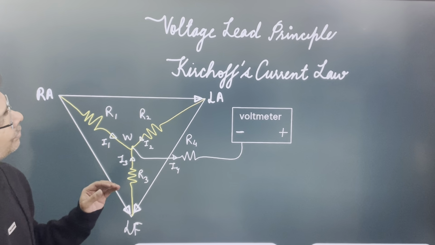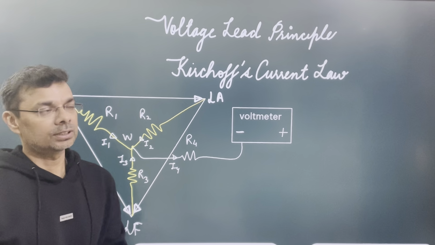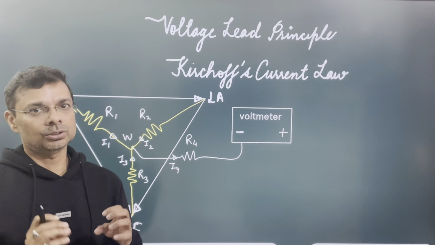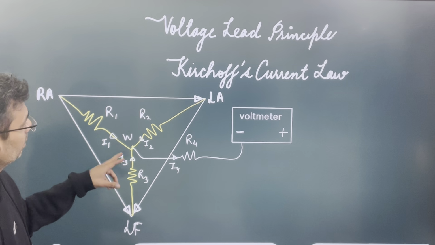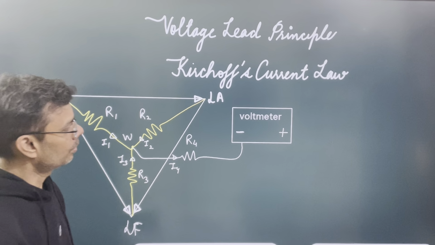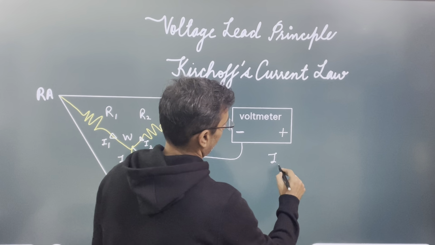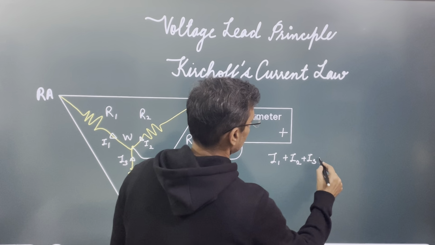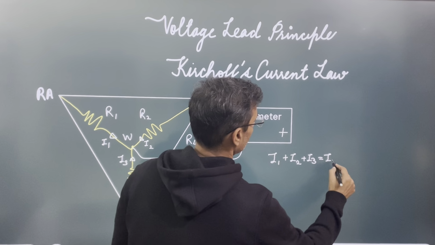On applying Kirchhoff's current law, which says that at a node the incoming current is equal to the outgoing current, here the incoming currents are I1, I2 and I3 and the outgoing current is I4. So we can write I1 plus I2 plus I3 equals I4.